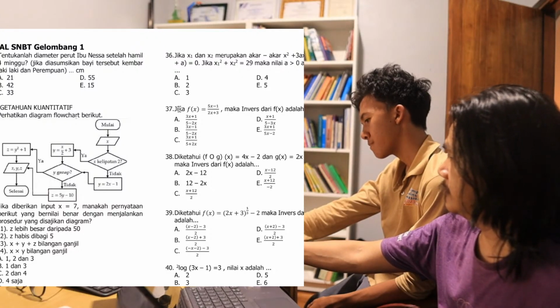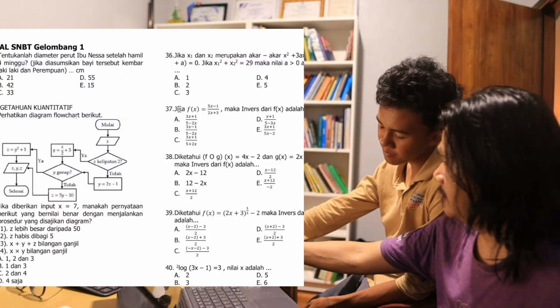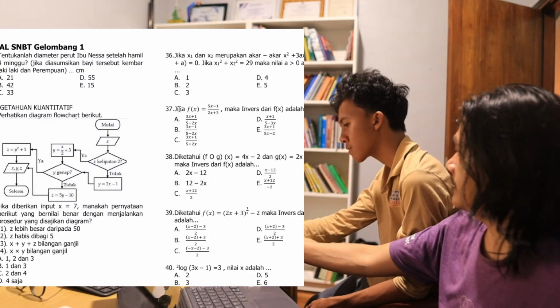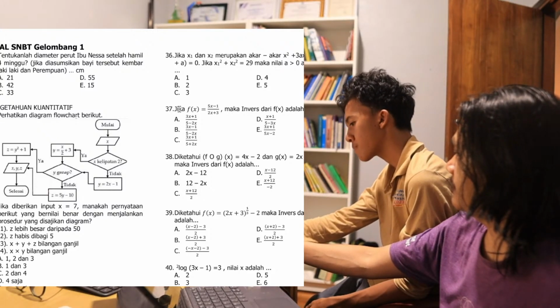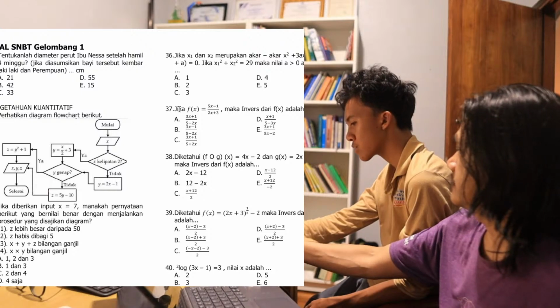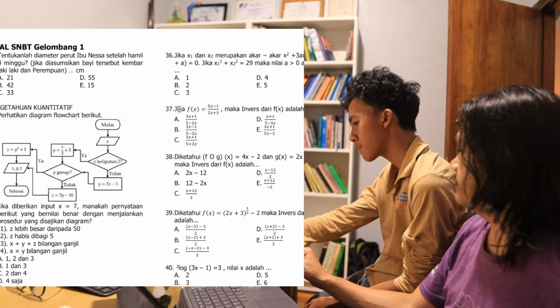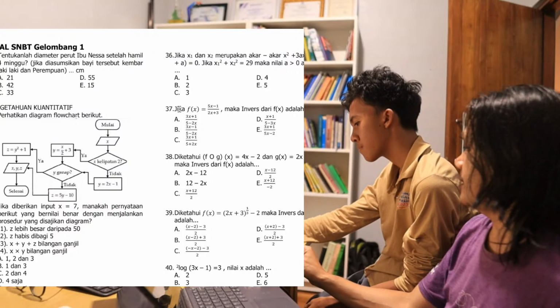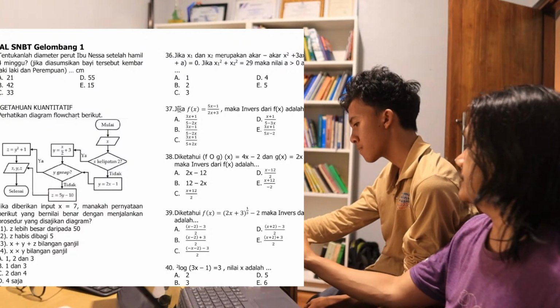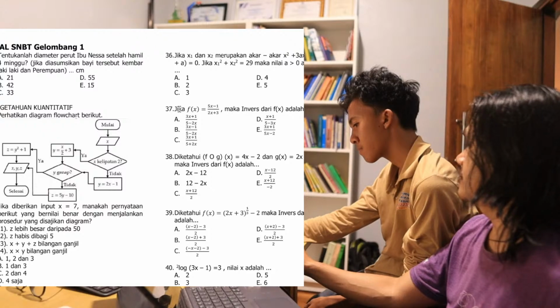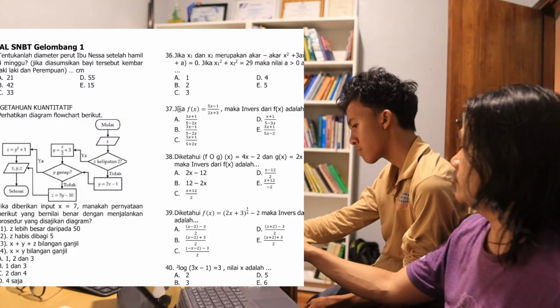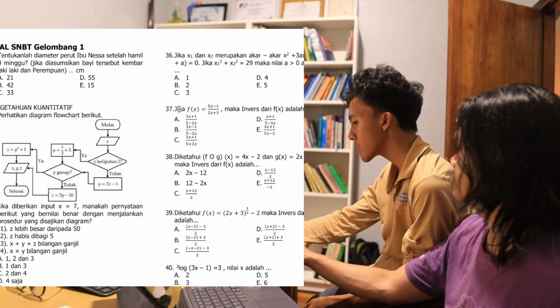If this one is multiplied with 2x plus 3, then the 2x plus 3 disappears, right? Yeah, so just 5x minus 1. Then to achieve this, you collect everything that has x on one side, and the other things you move to the other side. So y needs to go over there.